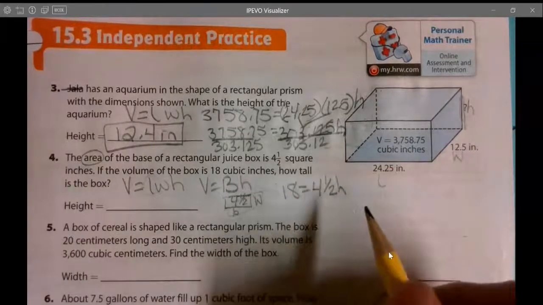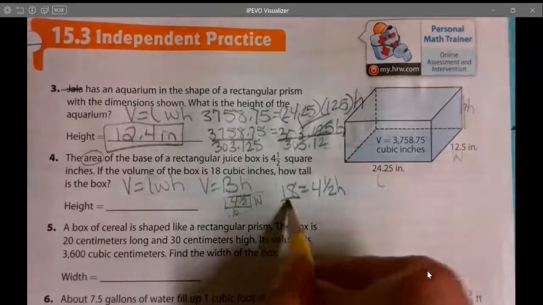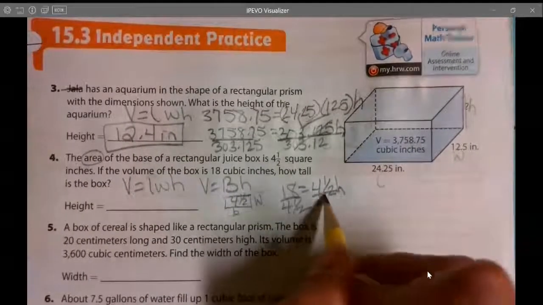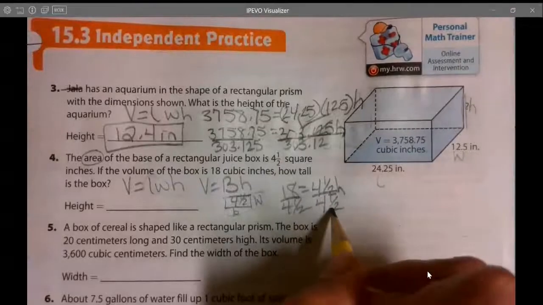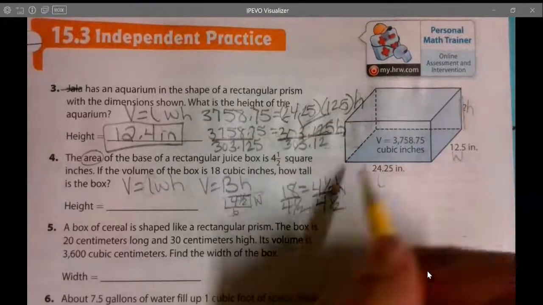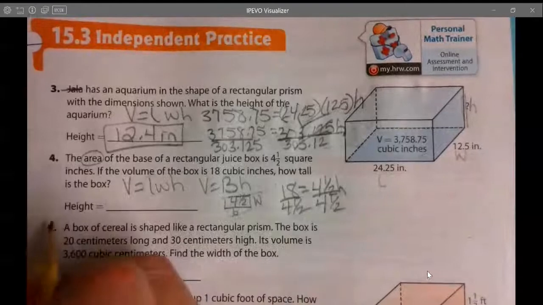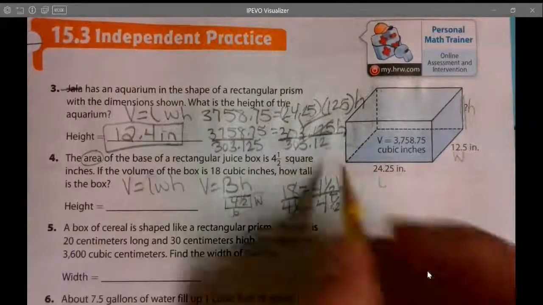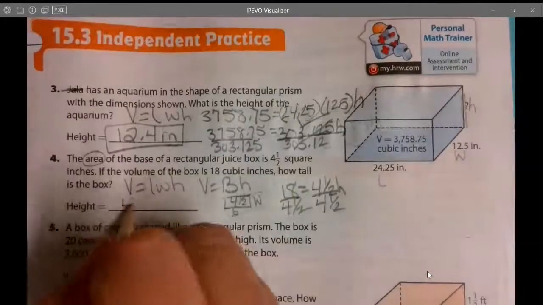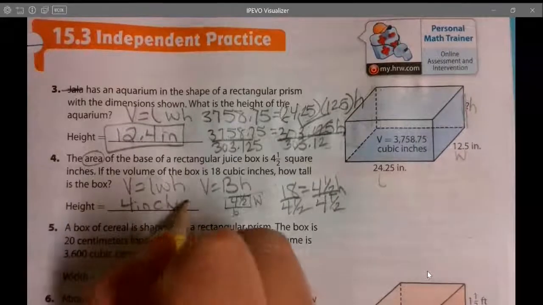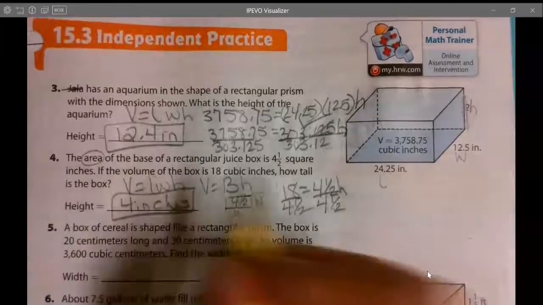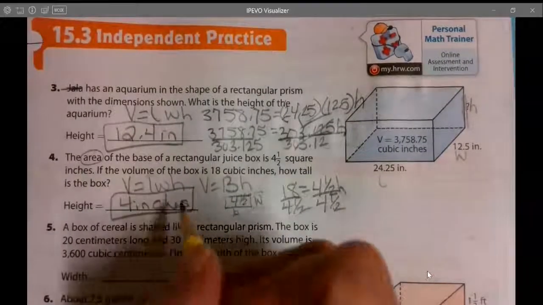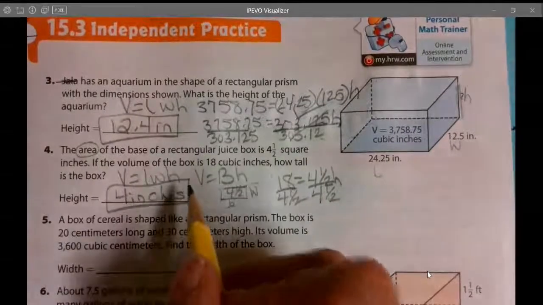Well, if I want to figure out what the height is, I'm going to divide both sides by 4.5. And if I divide 4.5 by 4.5, that's going to give me 1h. It's just going to be my height. And then 18 divided by 4.5 is going to give me 4 inches. And again, that is only one dimension, one measurement, so it won't be squared or cubed.